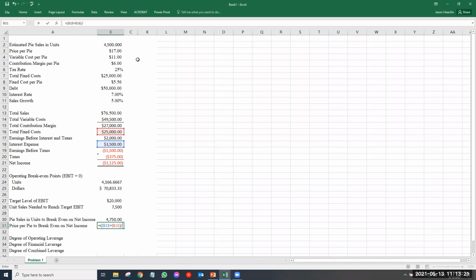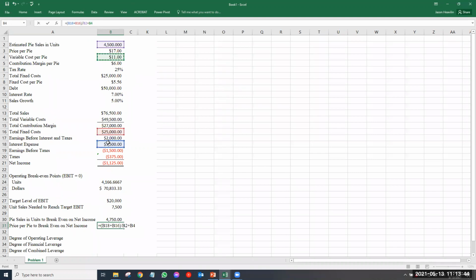I'm sorry, we're going to divide it by the amount of pies we're going to sell, 4,500. Because remember, we don't want to change that. We're going to sell the same amount of pies. And then we're going to add the variable cost per pie.